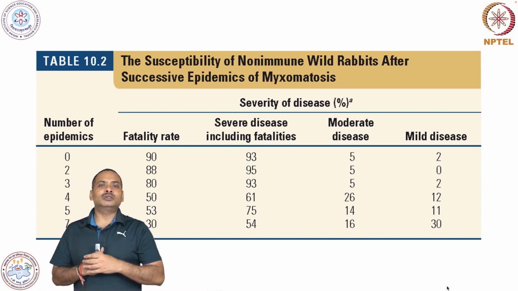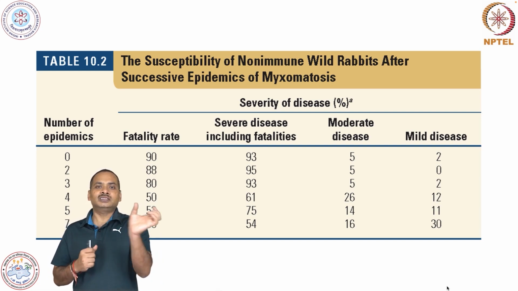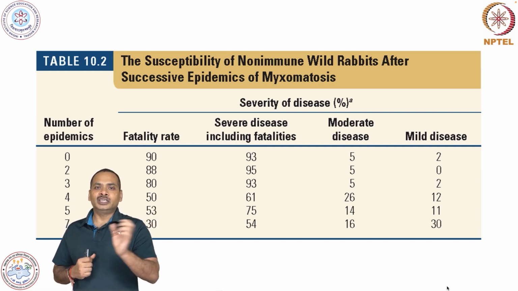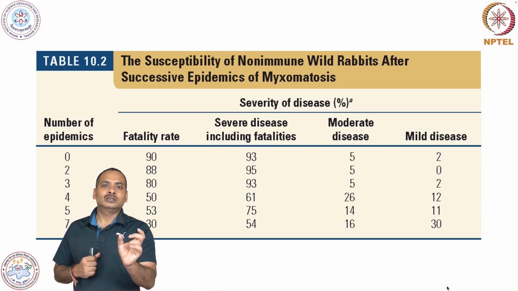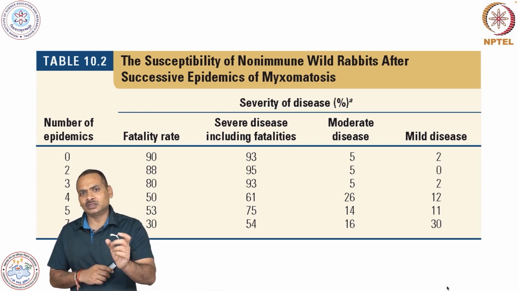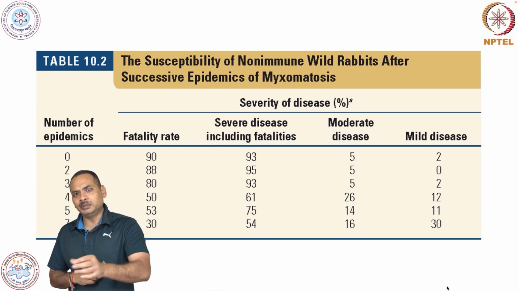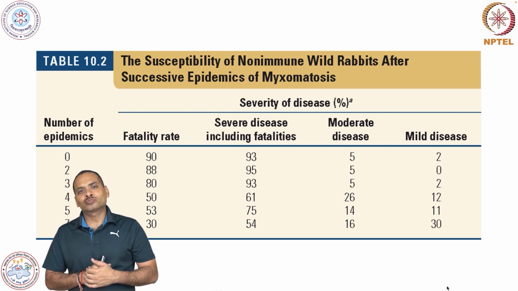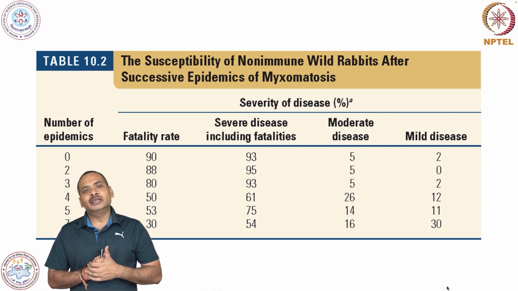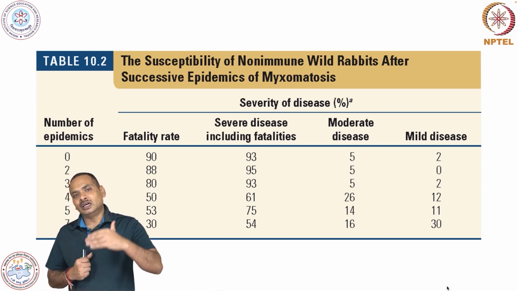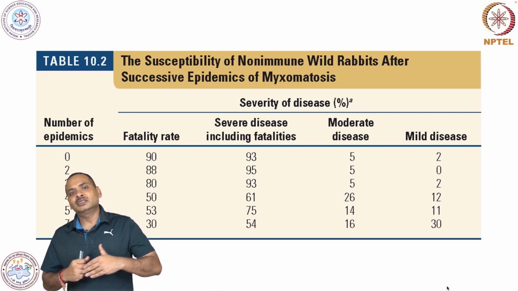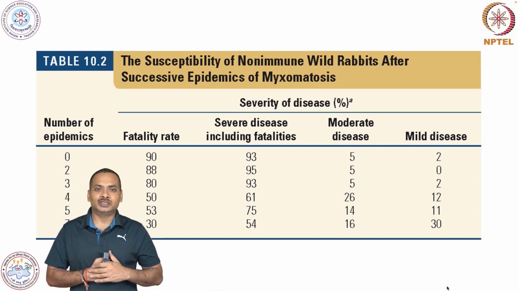In this experiment also you have seen that this virus is living very happily in South American rabbits. Okay, but as soon as they come to the European rabbits, they cause the fatality, and after several years, they reach the equilibrium stage.